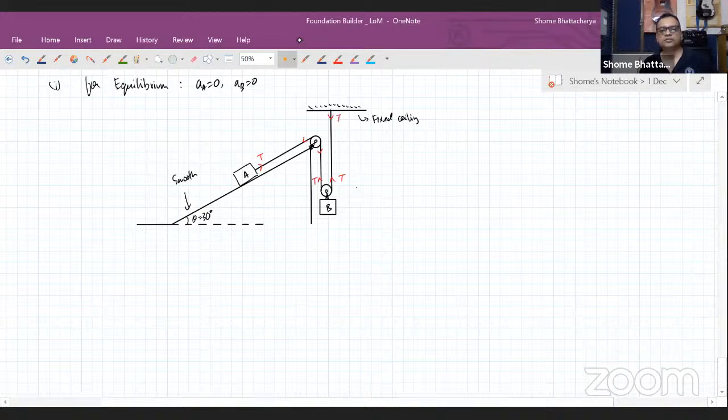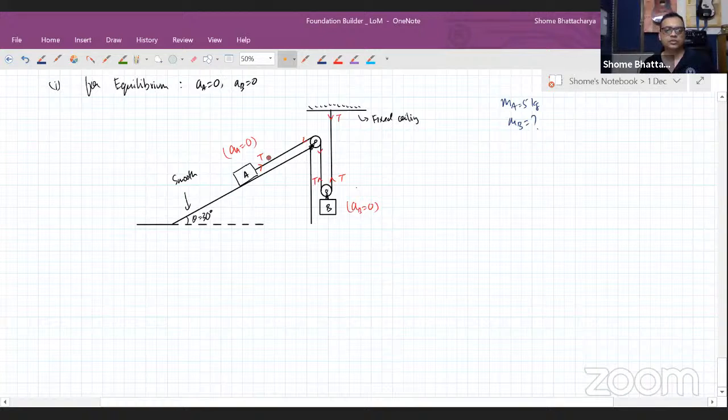So you can just understand the forces acting. So mass of A is given as 5 kg. Mass of B we want to find out for this condition that this one's acceleration is also 0. This one's acceleration is also 0.